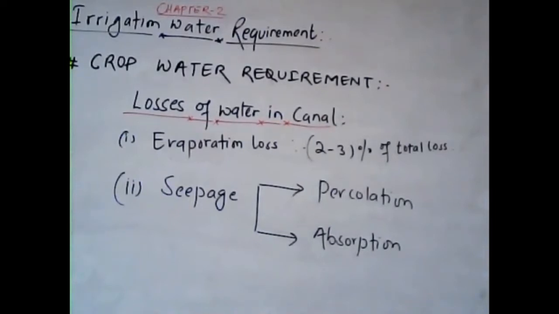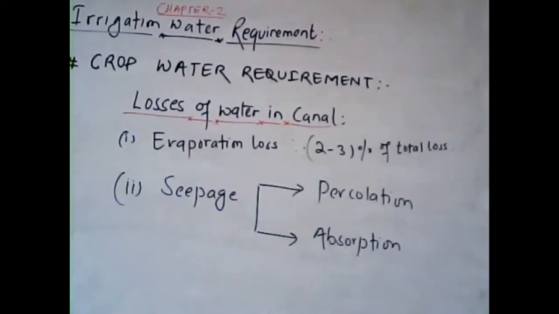So friends, this is the way we can assess the different losses in the water canal. Likewise, in crop water requirement, the very first thing we have to assess is the nature of the field and how much water is being lost from that field. That can be found out by the consumptive use of water.